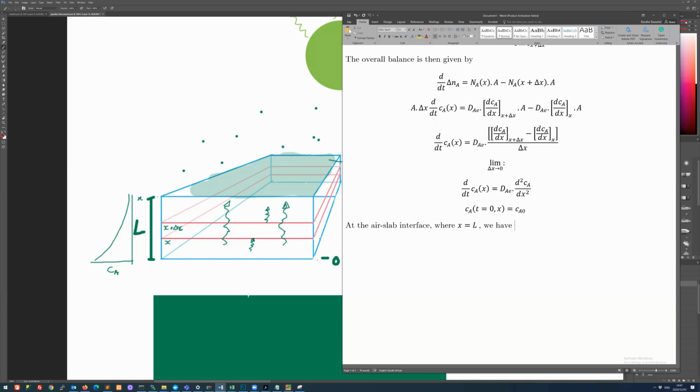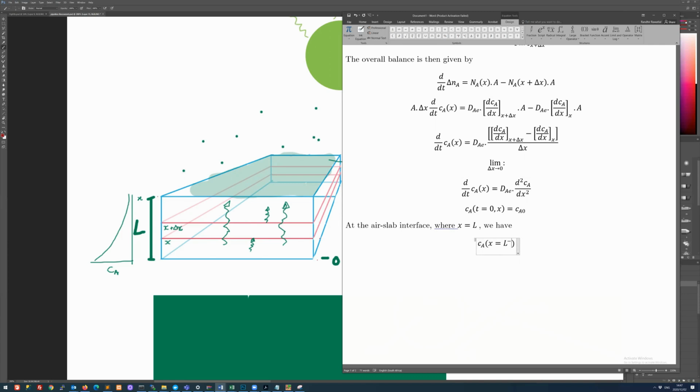Where x equals L, we're going to say here the concentration of A in the slab. Well, we've been calling that Ca, right? We've always been referring to the slab concentration so far, so we don't need to say slab here. So the concentration of A, and now we want to say just inside the slab, so the concentration of A at x equals L superscript minus.